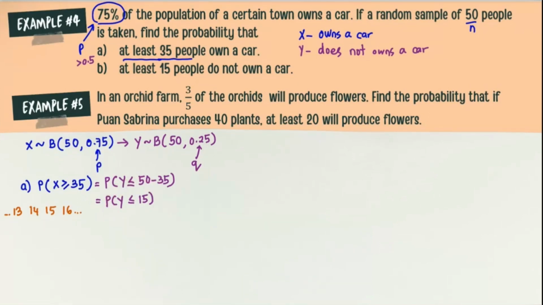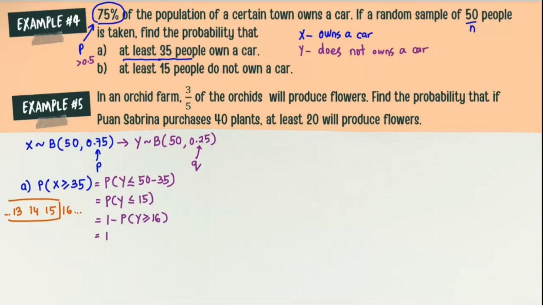What we don't want is greater than or equal to 16. So to convert it, it will be 1 minus P of Y greater than or equal to what we don't want, starting from 16 and above. Now we can refer to our table.